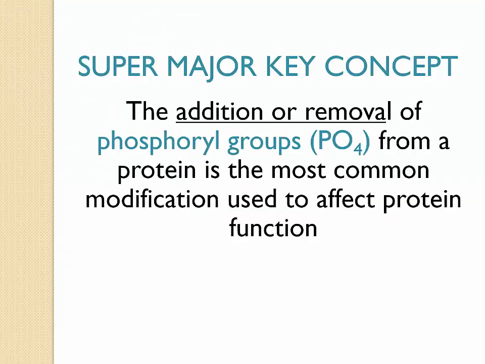One last note. The addition or removal of phosphoryl groups from a protein is extremely common to modulate protein activity. Now, there is no rule that says addition of a phosphate results in activation or removal of a phosphate results in inactivation or anything like that. It is entirely enzyme specific, so a given enzyme will respond uniquely. There's no common rule.